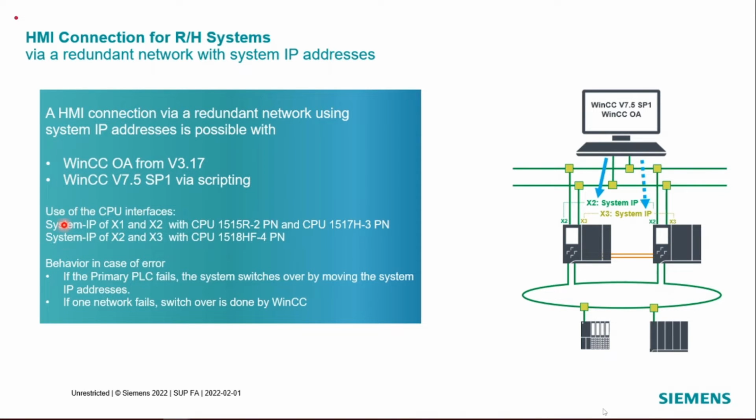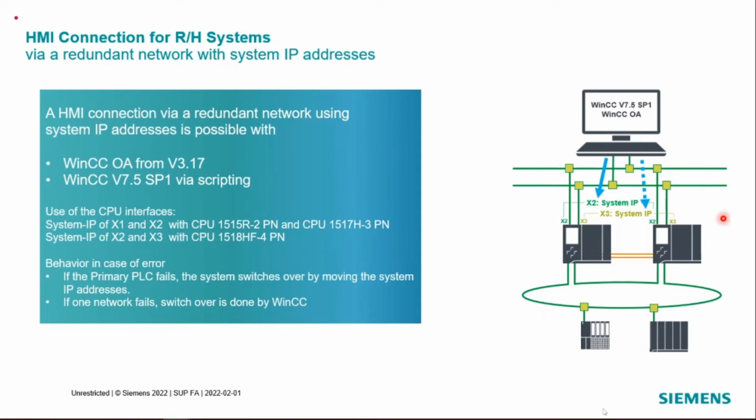So what we can do is use a CPU X1 or X2 port in case of 1515R, because in case of 1515R we have two, X1 and X2, both options are available, and 17 also, both options are available. So we can use system IP in X1 and system IP in X2 and then connect to WinCC or WinCC OA. In case of 1518, by default there are a total of 3 IPs available, X1, X2 and X3.